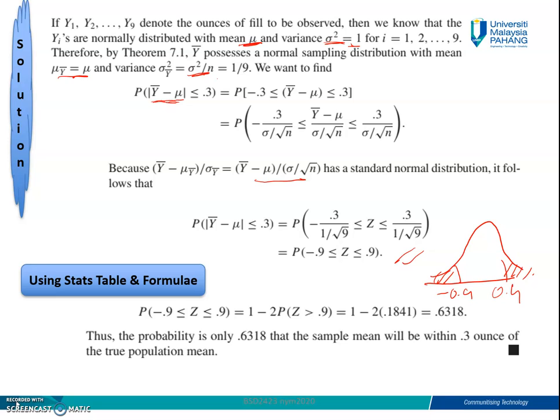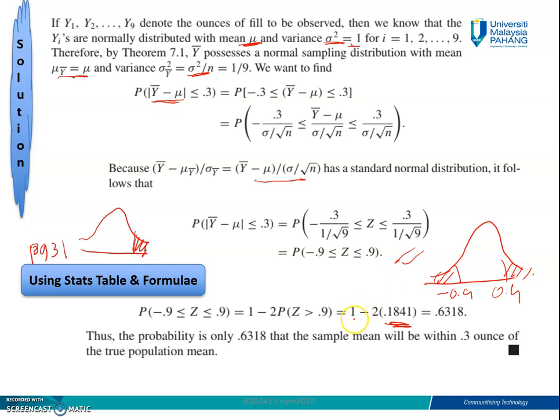It will be page 31 if I'm not mistaken. Check page 31 of the stat table, and you can see that for Z equal to 0.9, the value is 0.1841.